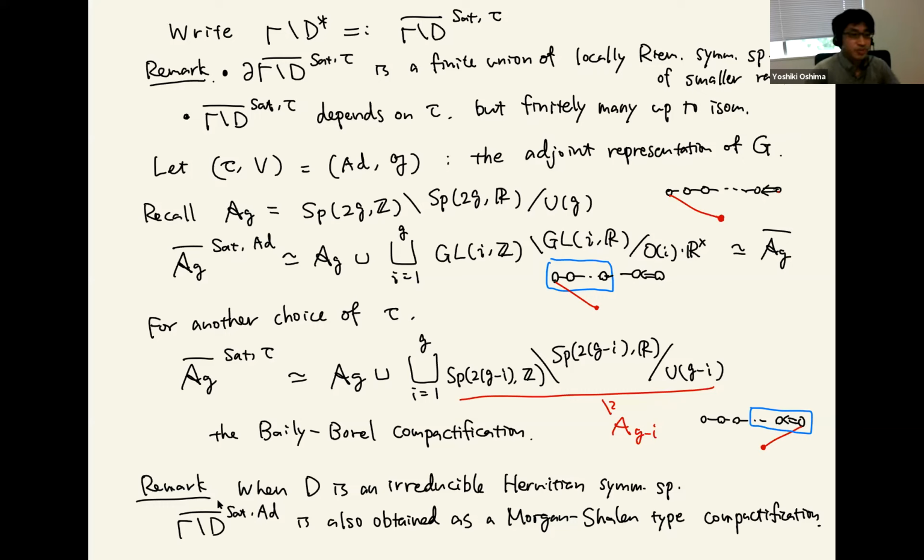Okay, so we just remark one thing: if D is an irreducible Hermitian symmetric space, so if D has a complex structure, as in the case of A_G, the Satake compactification of the adjoint representation is also obtained as a Morgan-Shalen type compactification applied to some, or any, toroidal compactification of A_G. So there is another interpretation of this compactification.